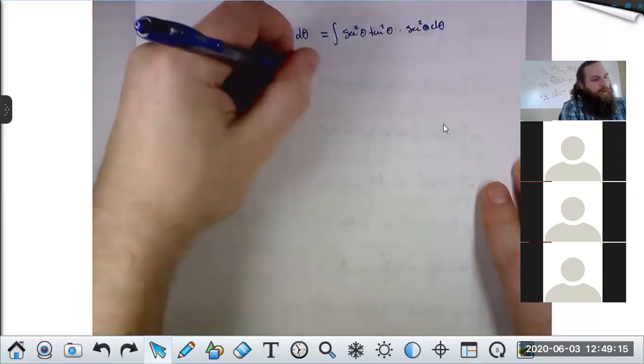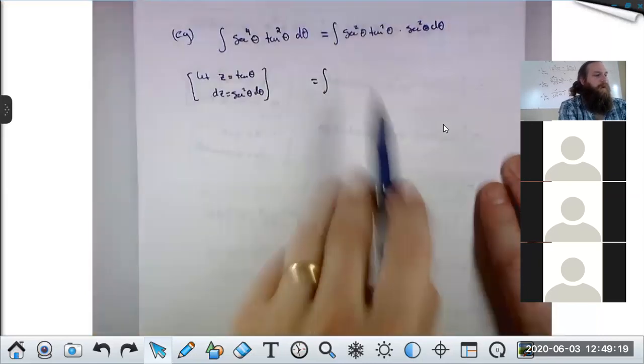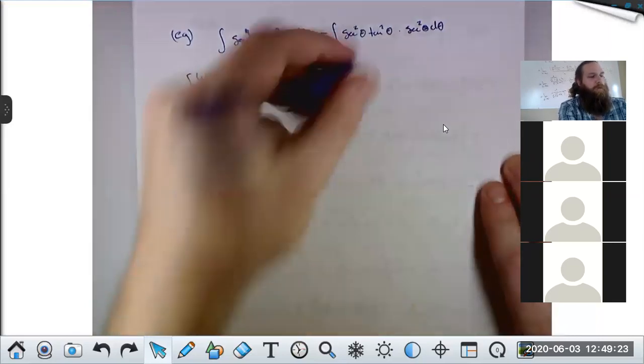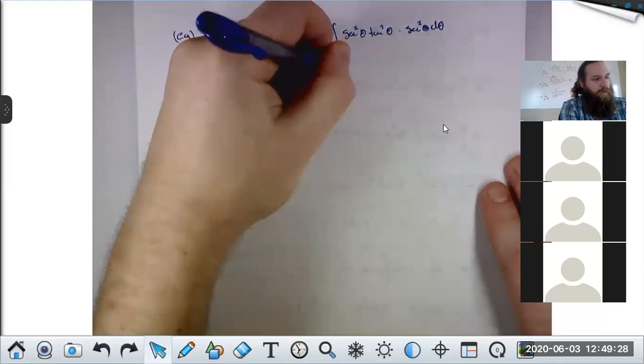And under that substitution, my integral becomes, well, I guess I should do one more thing before I do that. Since I'm subbing for tangent, I need to write this secant squared in terms of tangent. Tan squared plus 1 is secant squared.